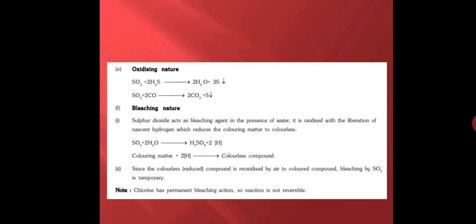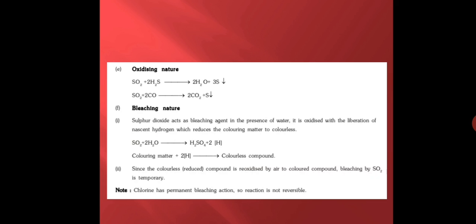Now sulfur dioxide also shows oxidizing nature. Sulfur has the intermediate oxidation state of +4 in SO2, so it exhibits reducing properties as well as oxidizing properties. Now we can see in the reaction, sulfur dioxide reacts with H2S, that is hydrogen sulfide, forming H2O plus elemental sulfur.